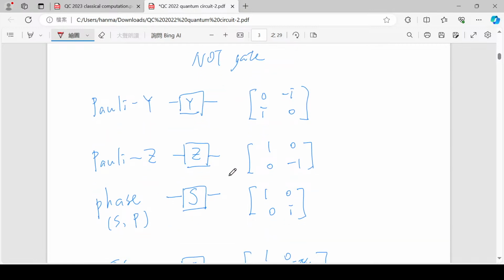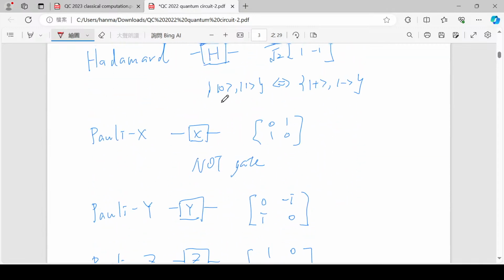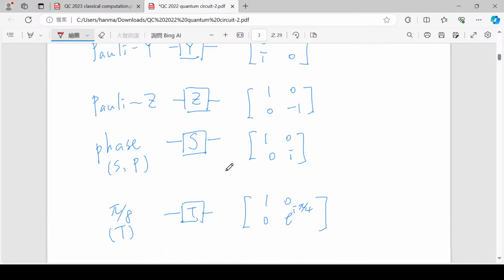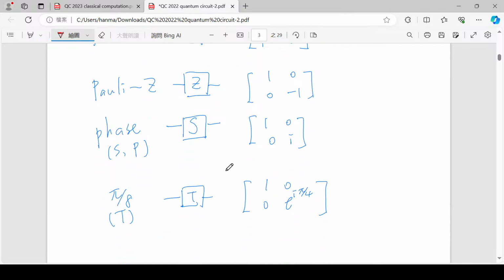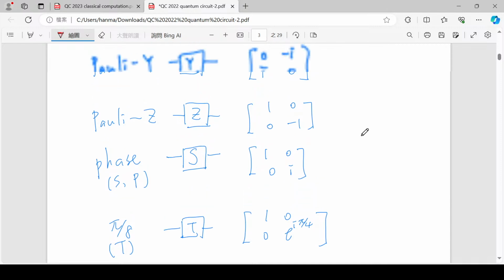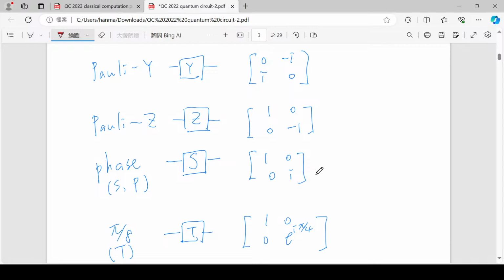And then to get a universal quantum circuit, you need more gates than those. We have two extra gates that people usually use, and they are really related to Pauli Z. The first one is the phase gate, and there are two different conventions: people either call it P for phase, or S. It is 1 0 0 i, and you can see that this is a square root of the Pauli Z gate, because the square root of 1 is 1 and the square root of minus 1 is i.